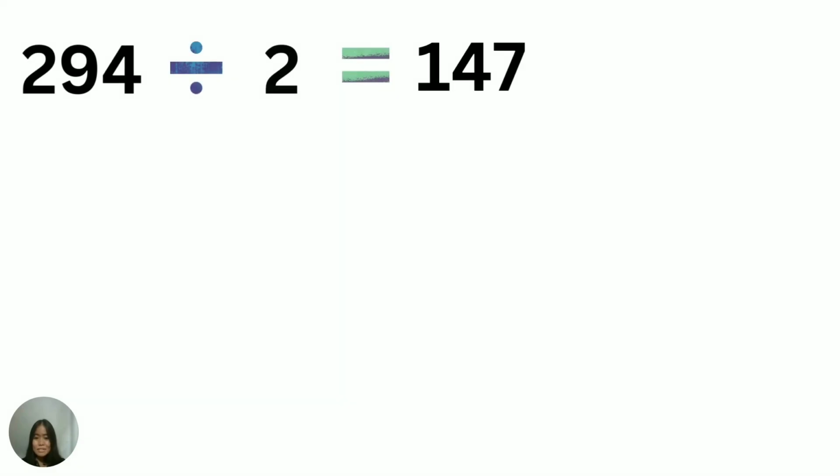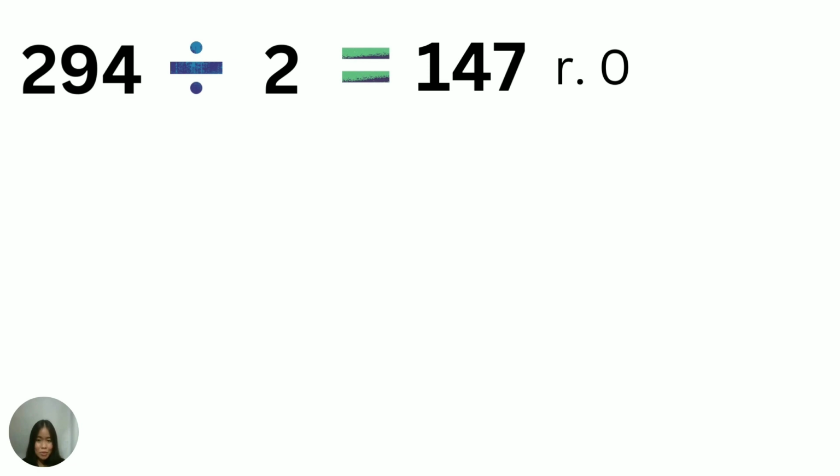This then gives us the value, which is 147. And since 294 is an even number, when divided by 2, it was able to generate a quotient that is an exact value having no remainder. That is why we put the value of the remainder as 0.